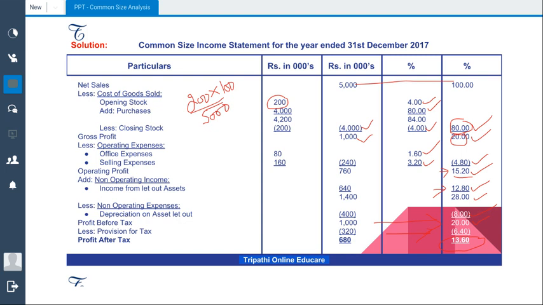Next year, suppose you are going to sell your product worth rupees 1000, so profit will be 136, which is 13.60% of that. So with the help of this, we can do the analysis that next year if we do the sales of this much amount, we will be able to get the profit at this much percent.